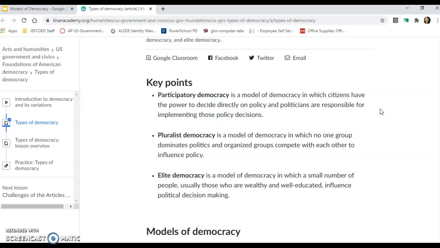Remember too that these are theories, and so everybody tends to cling to a theory that they most believe in, or even multiple theories, so you can see how more than one theory could apply to a different situation.